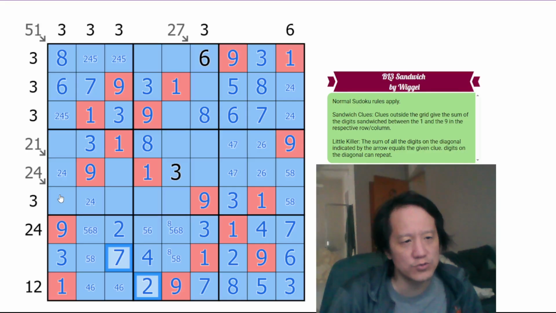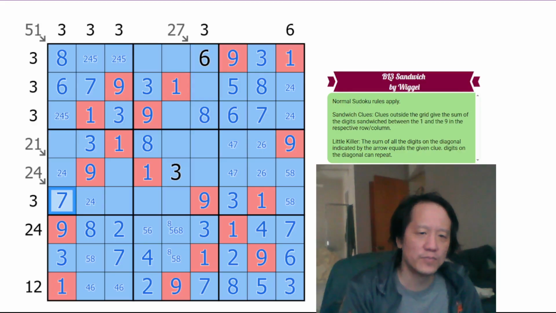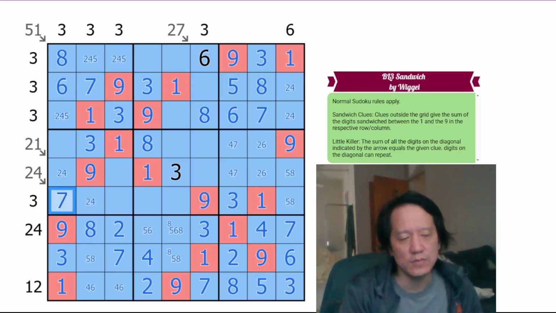And 24 minus 9 is 15. So this must be 15. This cannot be 5 or 6, so this has to be 8 and 7. Right? 7 plus 8 is 15, plus 7 is 22, plus 2 is 24.